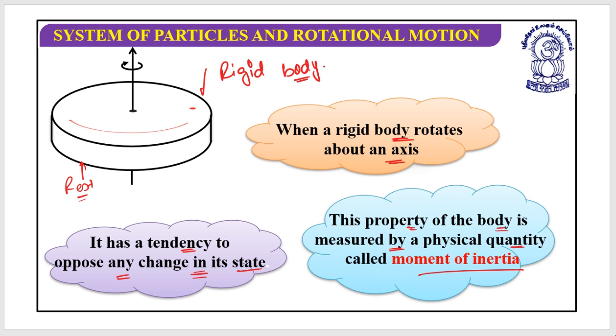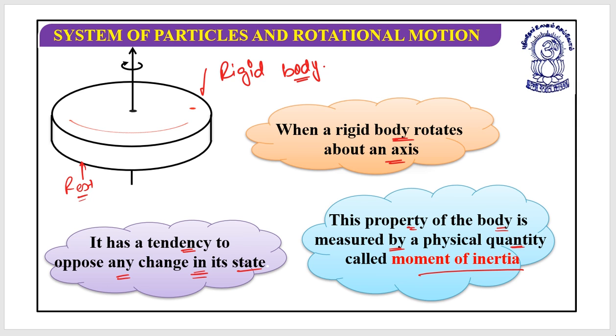Because we were discussing translatory motion: if an object is moving, it will keep moving. If an object is at rest, it will try to stay at rest. If an object is moving in a particular direction, it will not like to change its direction. This was inertia. Now we are talking about rotational inertia, which we call the moment of inertia.